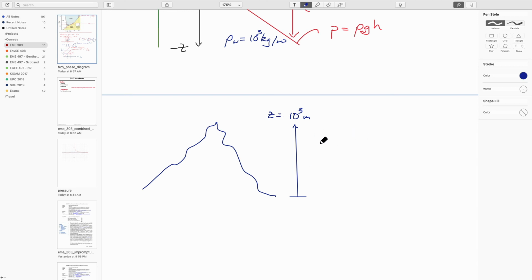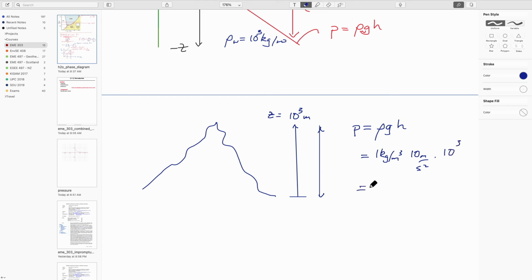If you do it as an incompressible fluid, it turns out that then the pressure at sea level would be equal to rho g h. If we do that for this, rho is 1 kilogram per cubic meter, g is 10 meters per second squared, and this height is 10 to the 3.